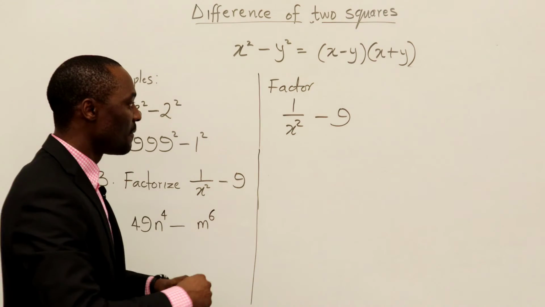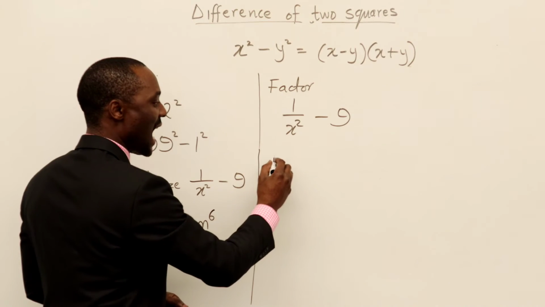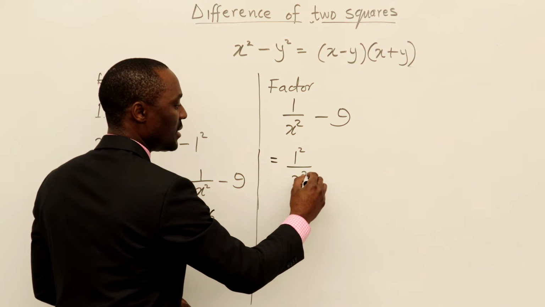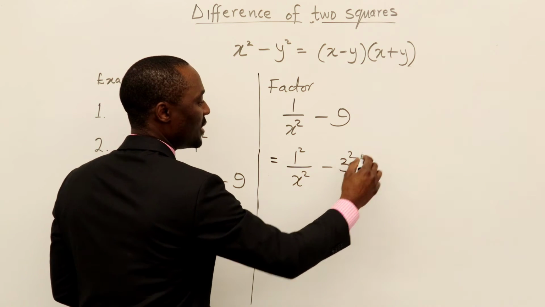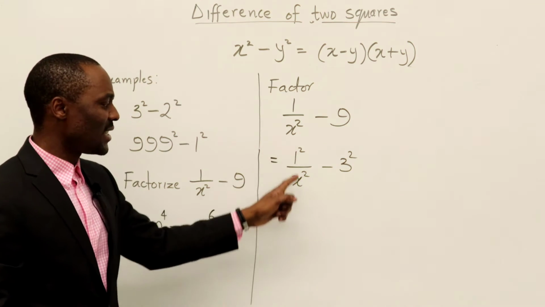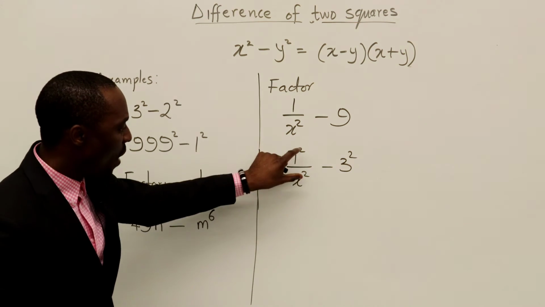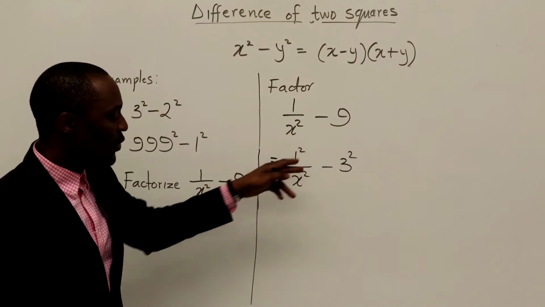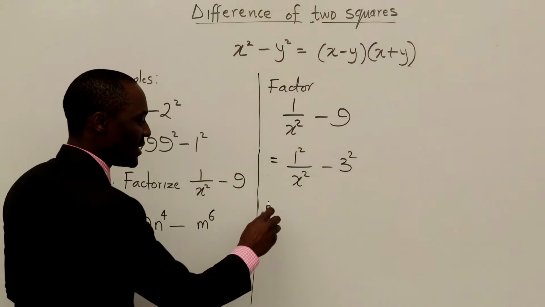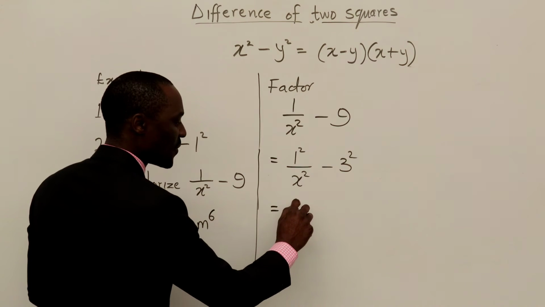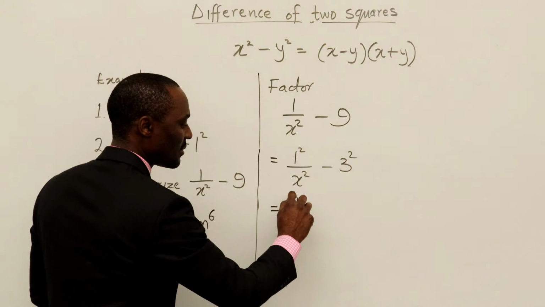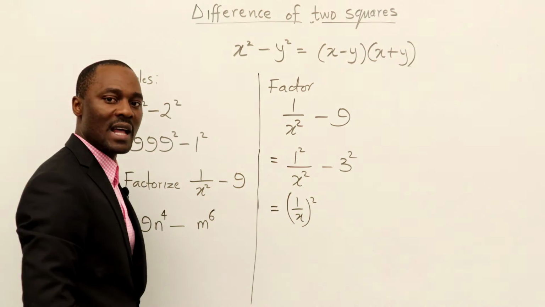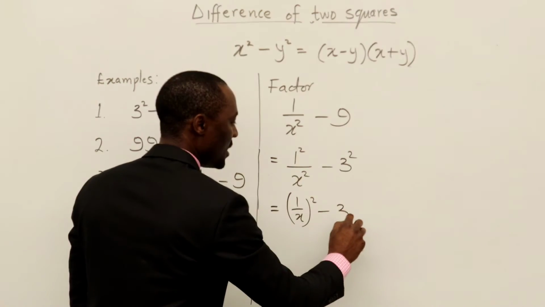So all you have to do is rewrite this as 1 squared over x squared minus 3 squared. So everything is squared. And this is in a fraction form. So why don't you apply one of the principles of exponents to just put this together? This is going to become 1 over x squared, because they have the same exponent. That's it. Minus 3 squared.